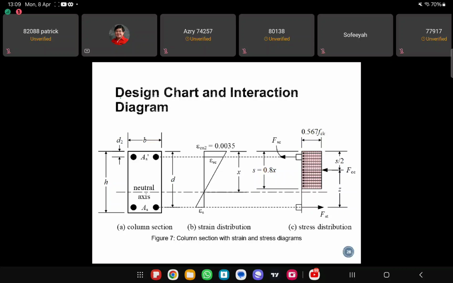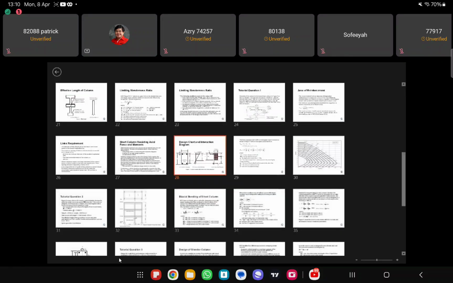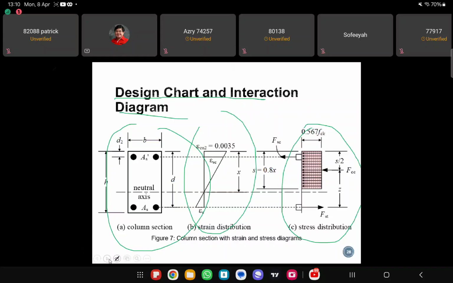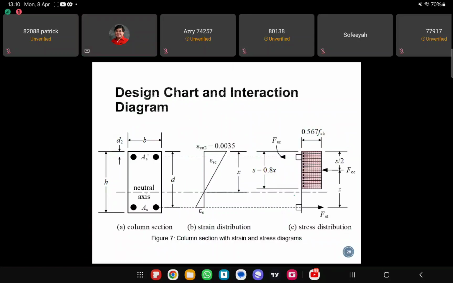Okay, so the design charts are plotted using all this basic bending theory that you have learned in the beam. In beam design, has everybody seen this diagram?